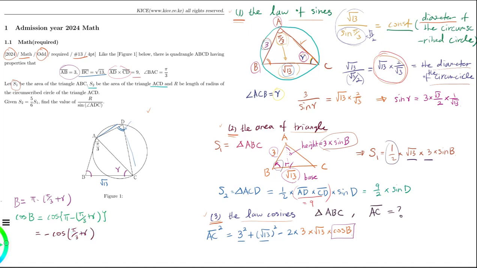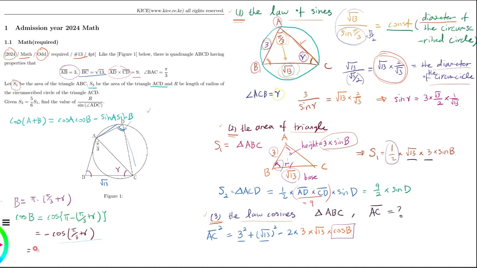This is an angle sum rule. If you remember, cosine of, say, capital A plus B equals cosine A times cosine B minus sine A times sine capital B here. Okay, so you can compute this.